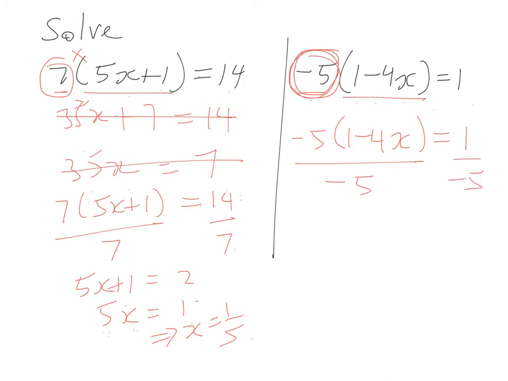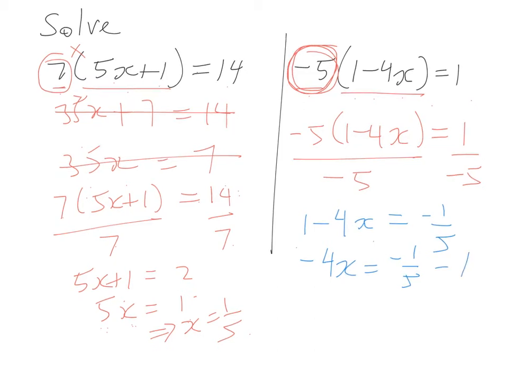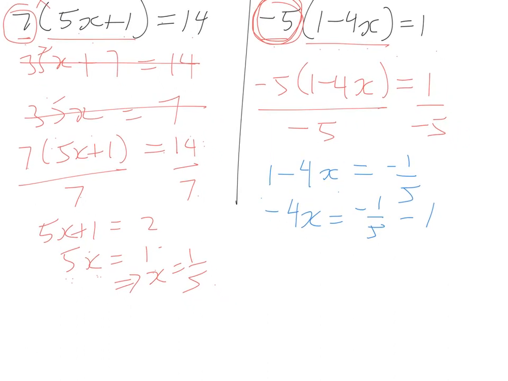So over on the left, we are left with 1 minus 4x equals negative 1 over 5. Now we're going to remove this 1 from both sides, so we're going to subtract 1 from both sides. So negative 4x equals negative 1 over 5 minus 1. Now, what hopefully you know, if you don't know, that's cool, I'm not here to judge anyone.